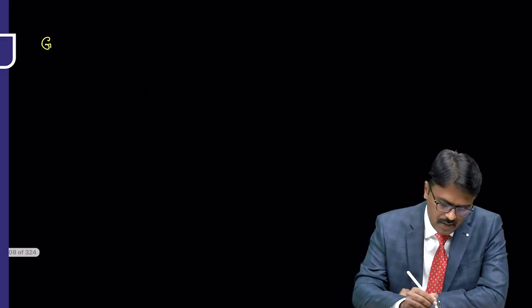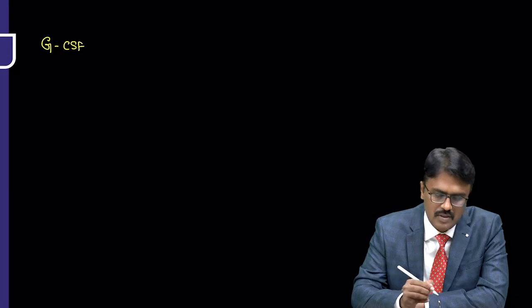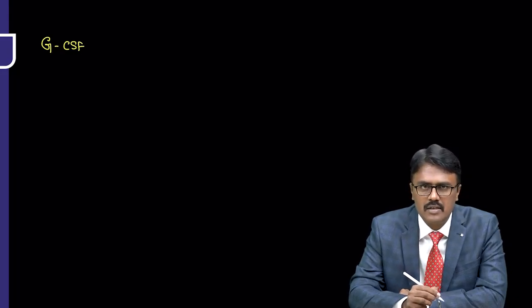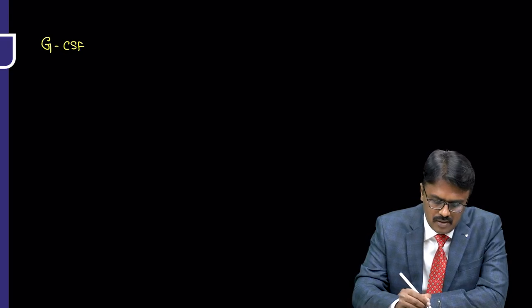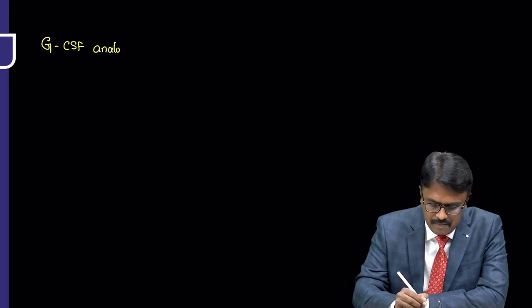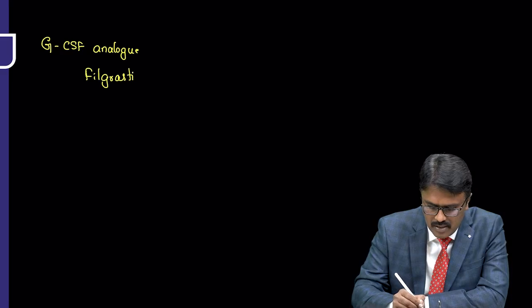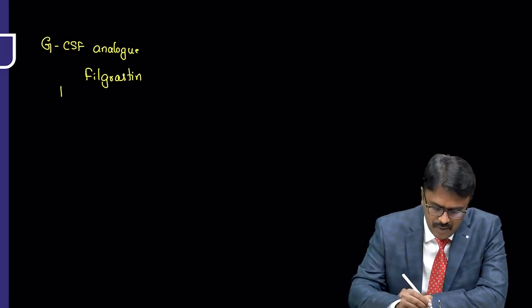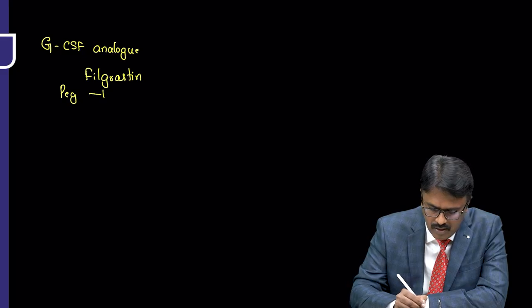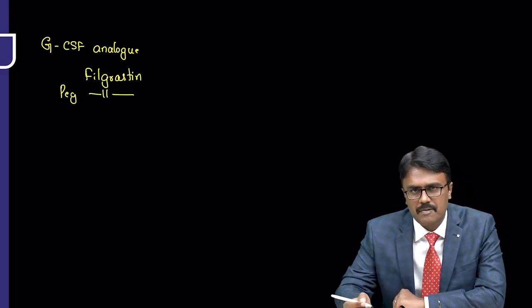Then we have G-CSF analog. G stands for only granulocyte colony stimulating factor. The analog name is filgrastim. Now if you add a PEG to this, we get one more drug called pegfilgrastim.